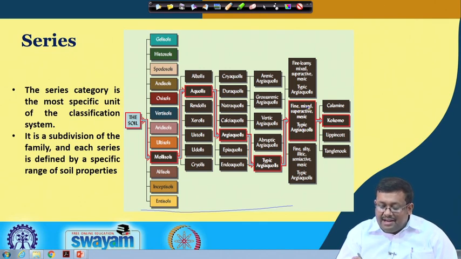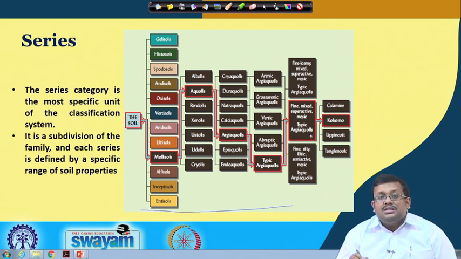For example, fine, mixed, superactive, mesic. These are characteristics, as I have already told you, of a family name. And then Typic is basically typifying the Argiaquolls great group, so it is a subgroup, Typic Argiaquolls. Argiaquolls is the great group showing the presence of argillic horizons.